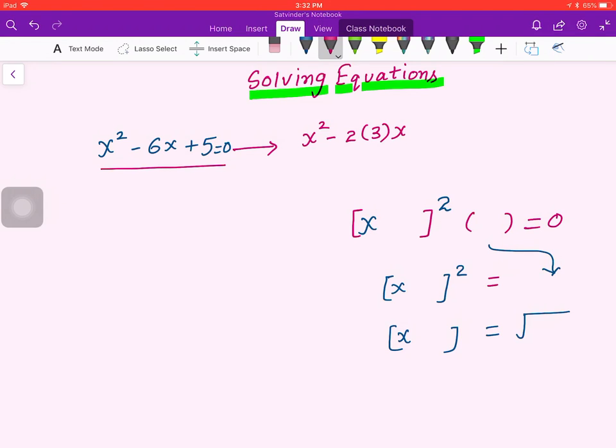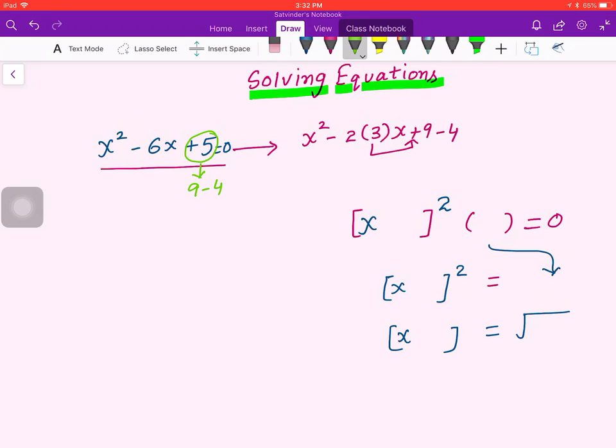Now 3 square should be 9, so I need plus 9 here, but in my original equation I have plus 5. So I will rewrite my 5 as 9 minus 4, which is easy, and write minus 4 here.